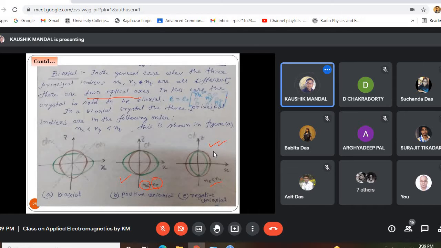So for the biaxial crystal, what will be the dielectric tensor? Simply Nx, Ny, Nz. Three different refractive indices.